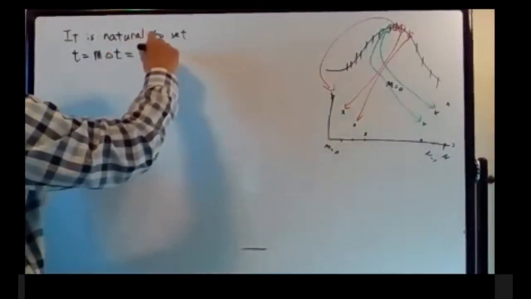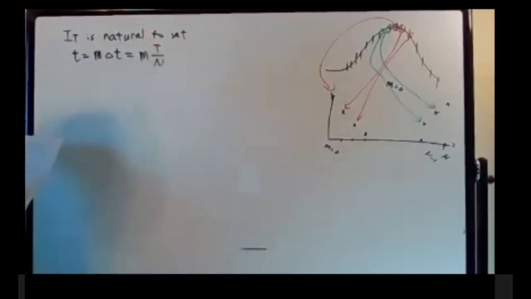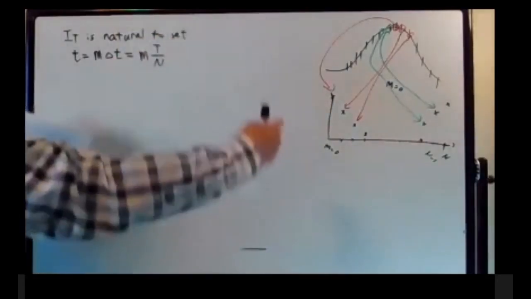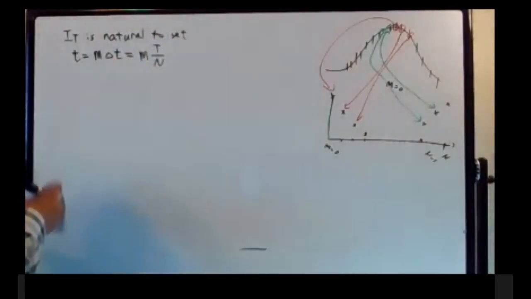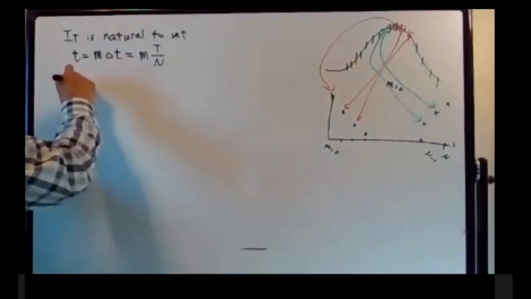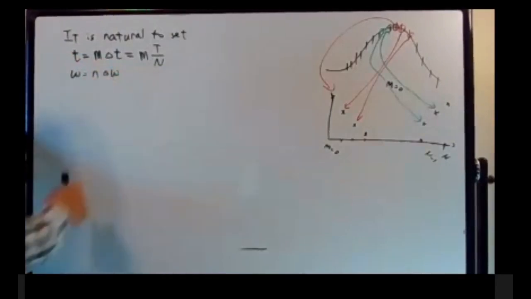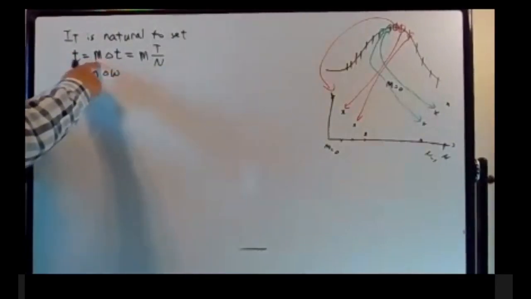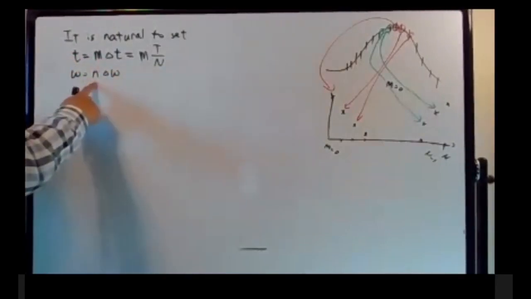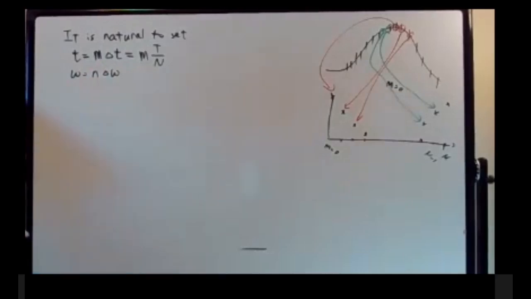It is T over N, where N is the total number of points, and we divide the whole time period T by N. Omega is n delta omega, so m is the index in the time domain, and n is the index in the frequency domain.